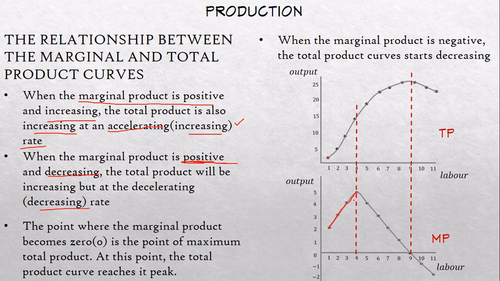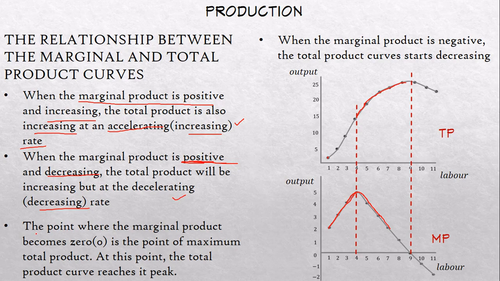So when the marginal product is decreasing but still positive, the total product is still increasing, but at a decreasing rate. That is the second relation.